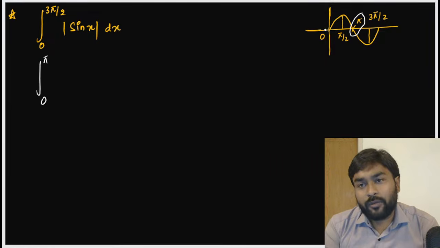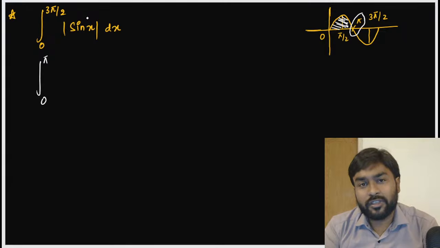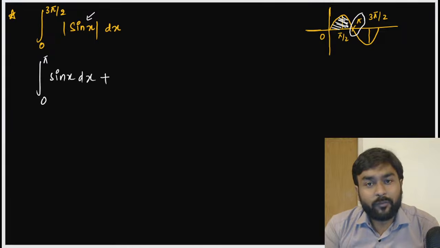Here we know in between 0 to pi, this curve is positive, correct? If the curve is positive, it means the y value is positive, so we will open this sin x with a plus sign. It will come sin x dx. Then, for the second part, we will use the limits from pi to 3 pi by 2.